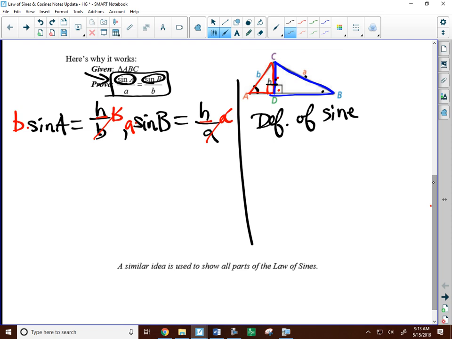The result here will be b sine A equals h, and on the right over here, a sine B equals h. So the b's and a's cancel out in the denominator. We just multiplied both sides, so that's the multiplication property.